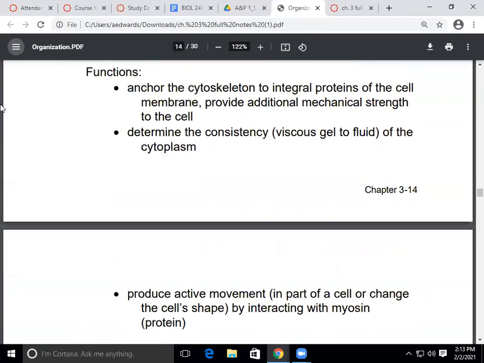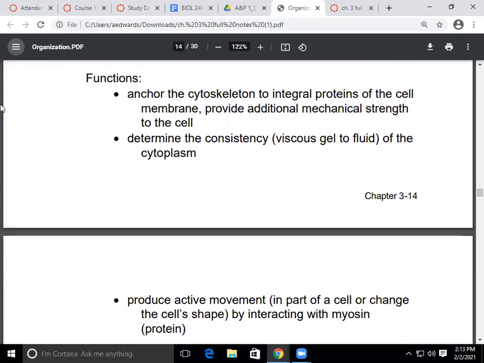Microfilaments also produce active movement, and they change the shape of the cell or part of the cell when they interact with myosin. We'll see that particularly when we get into the muscular system later.